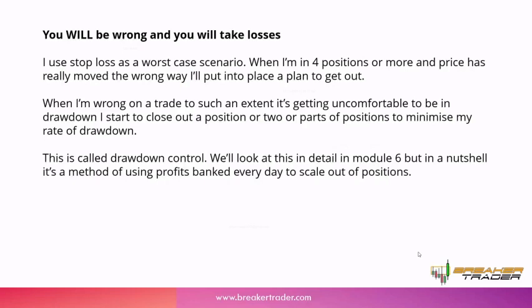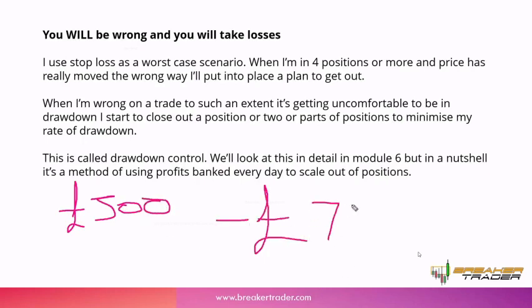Okay, this is called Drawdown Control. We're going to look at this in detail in module 6, but in a nutshell, it's a method of using profits that you've banked every day to scale out of positions. So let's say, for example, today I have made £500 profit. All right, my account is in minus 750 drawdown.